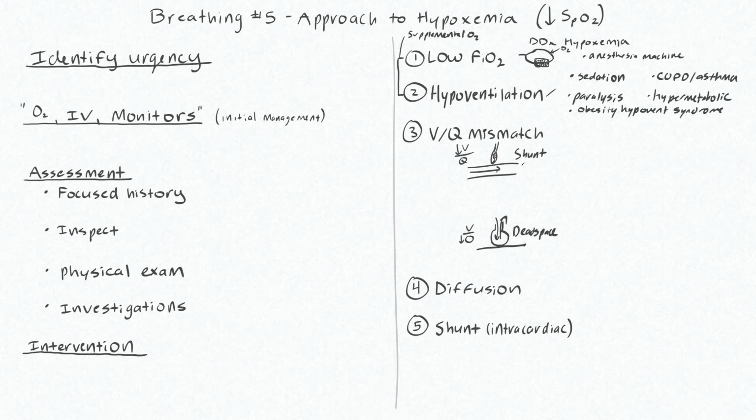Remember that shunt is the type of VQ mismatch that really causes issues with saturation, because you're putting your venous blood, which did not participate in gas exchange, back into your arterial system. So atelectasis, these are all the same things that we talked about before.